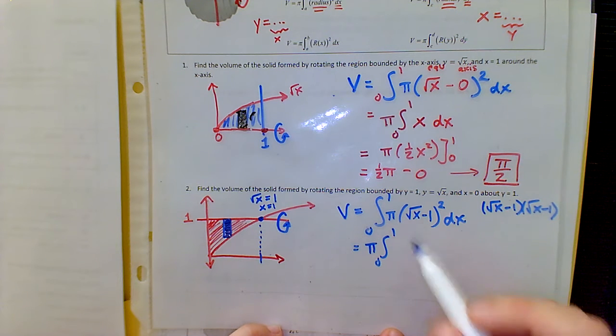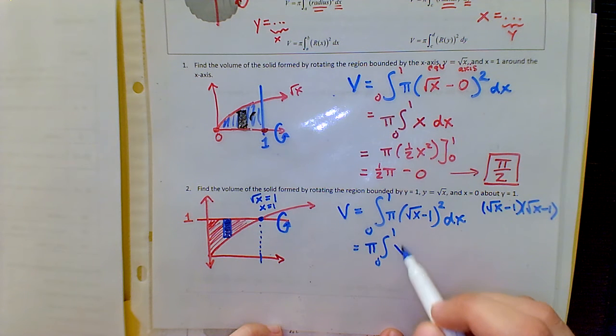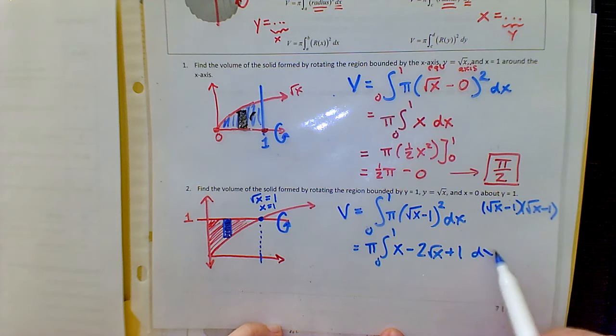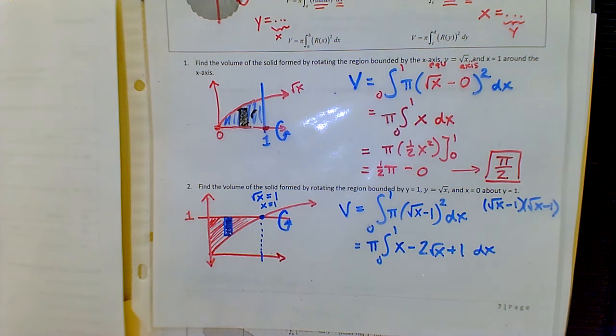Good, Eric? X minus 2 square root of x plus 1. Can we get that?